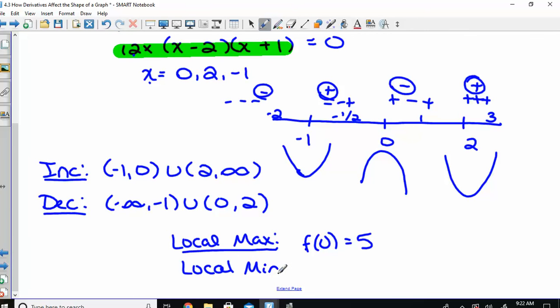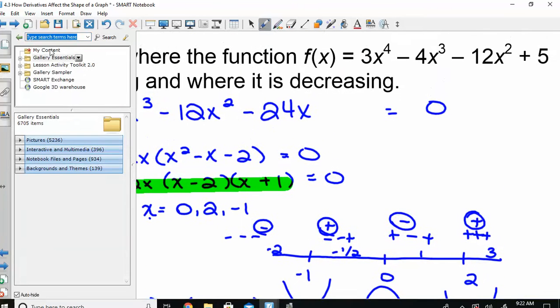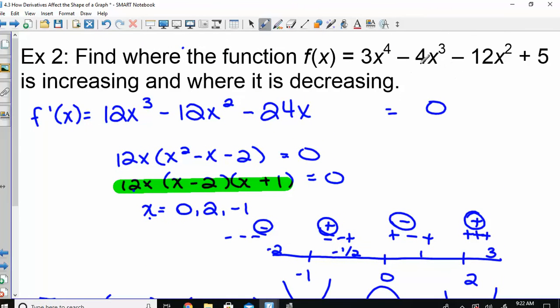Local minimum, we will have 2 of them, at negative 1 and positive 2. So we have to plug those into the original. So if I put in negative 1, I get 3 plus 4 is 7, 12, negative 5 plus 0.